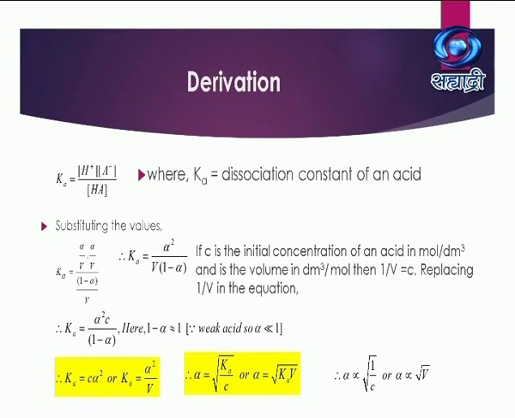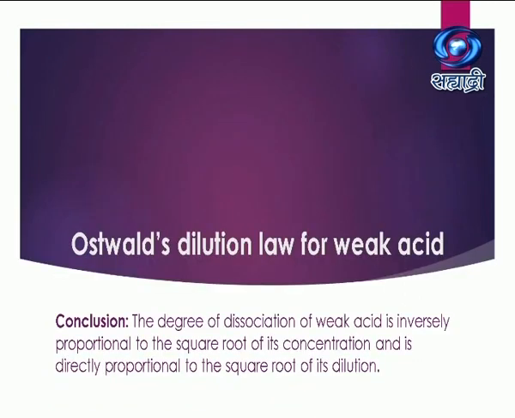And now this is our Ostwald's dilution law: alpha proportional to square root of 1 upon C, or alpha proportional to square root of V. And so the conclusion is, the degree of dissociation of a weak acid is inversely proportional to the square root of its concentration and is directly proportional to the square root of its dilution.